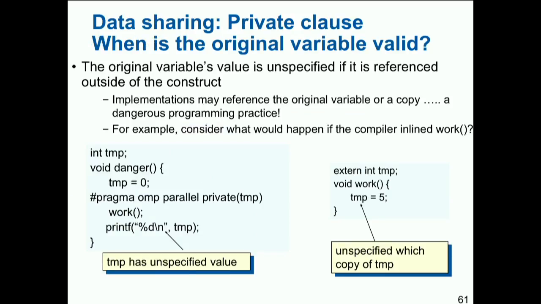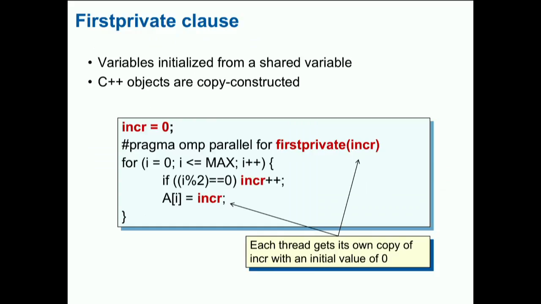I think I said all the things that I wanted to say here. So to fix that initialization error, there is this guy called firstprivate. What you say is, while you're creating a private copy of this variable for each thread, get its value from the initialization it had before it entered the loop, before it entered the parallel region.